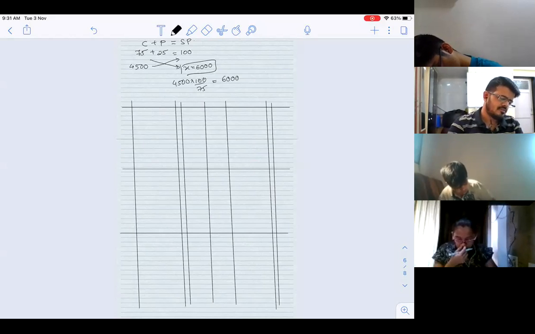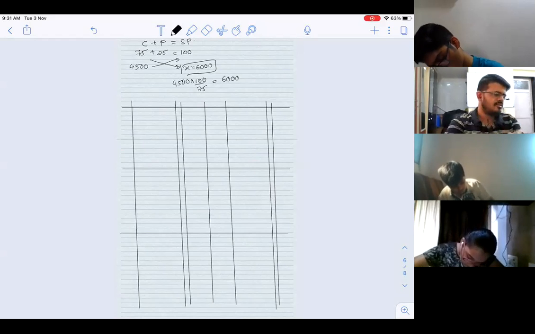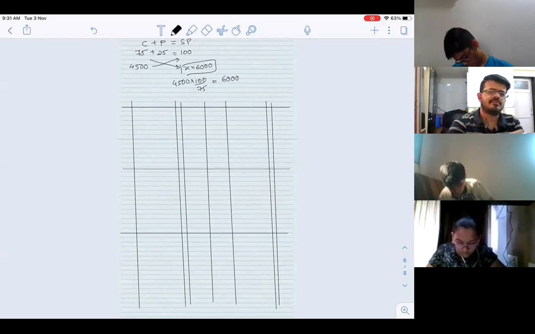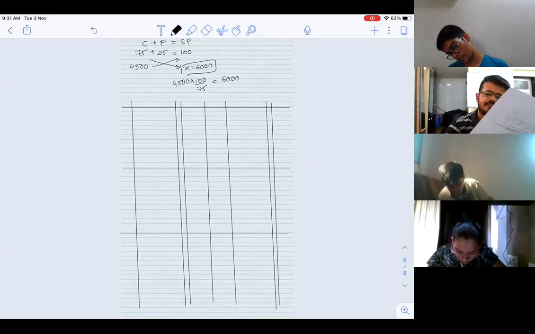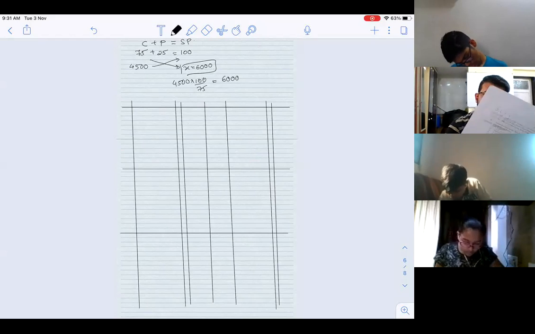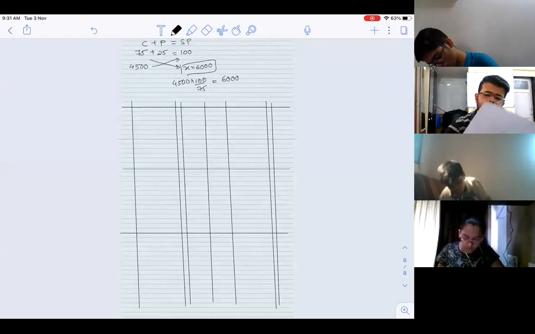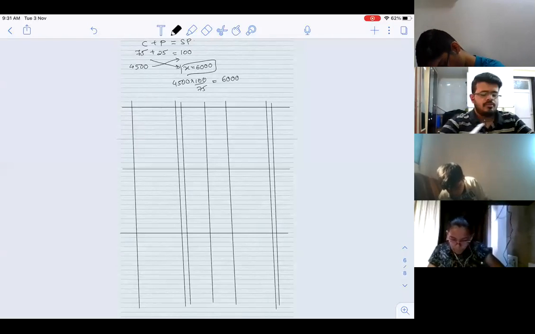Only 2 and 5 is left. हाँ, 9th is done. Only 2 and 5 is left.